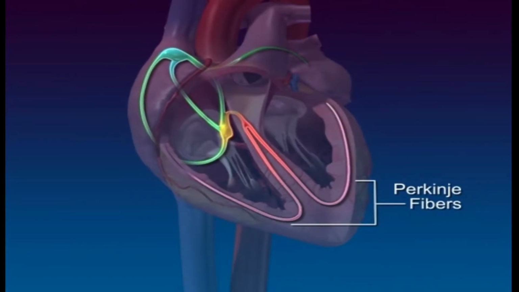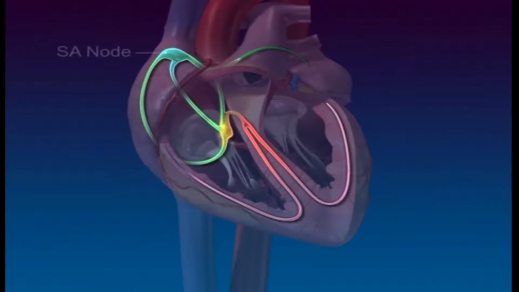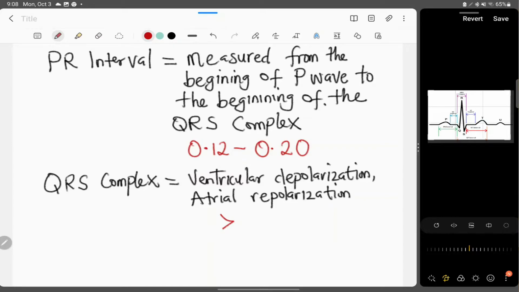During this ventricular contraction, the atria are relaxing. That is atrial repolarization. So in the QRS complex, the ventricles are contracting and the atria are relaxing. The normal QRS complex should be equal to or less than 0.11 second.